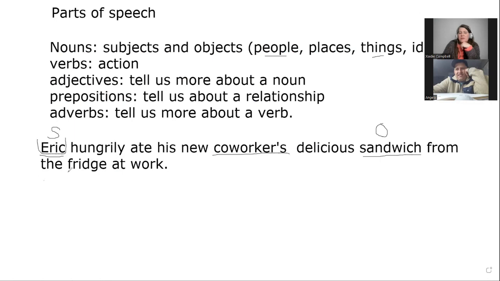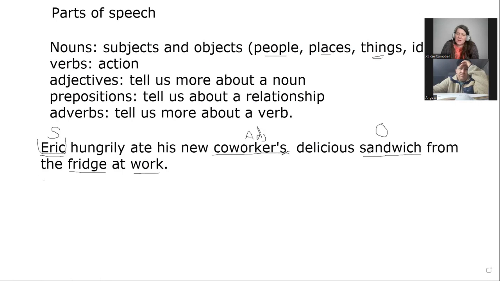We also have fridge, a noun, and work, a noun. Work is a place and fridge is a thing. Coworker is a noun, but with coworkers, I would argue that it's an adjective in this sentence. We'll get into that a little bit more.